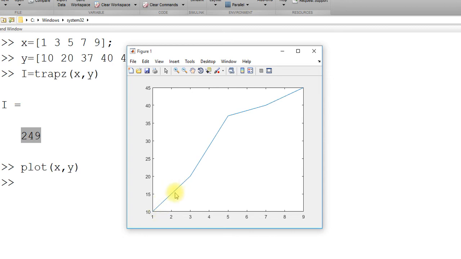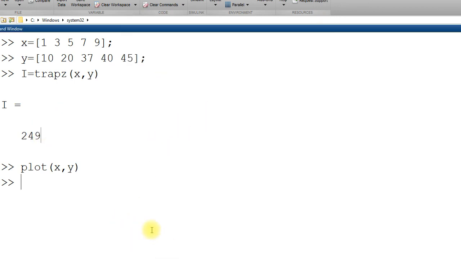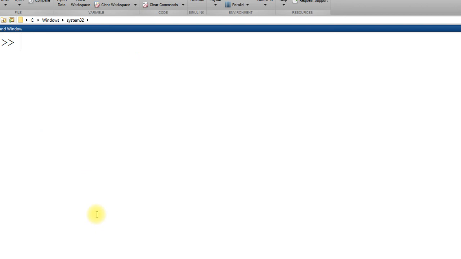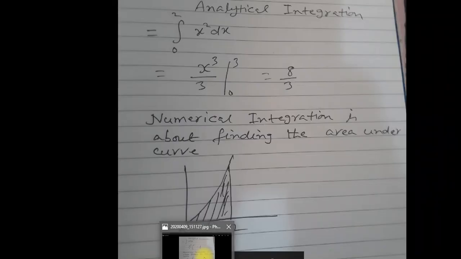It is calculating the area under the curve, so this is the integral. Also, if you want to integrate a function, let me do this example, x squared, the simplest one. In that case, the limit is 0 to 2.